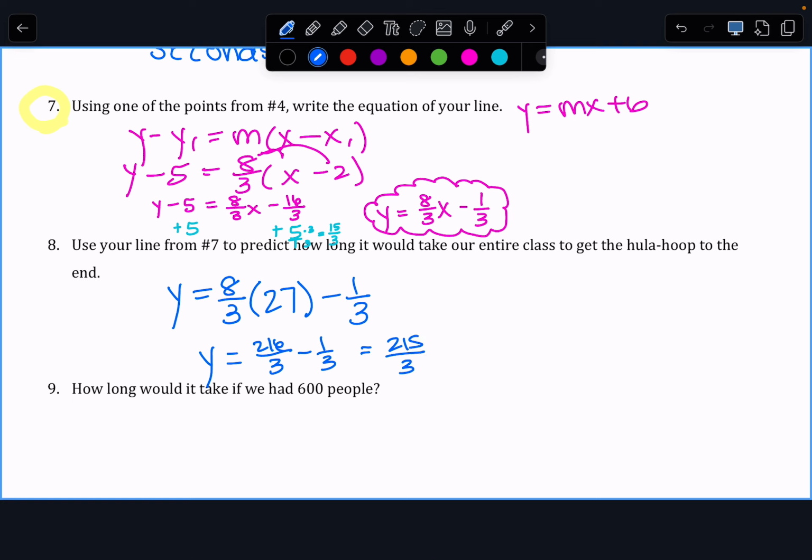So this is just 215. That would be 71.6 repeating. So it would take around 72 seconds to get through our whole class. So like a minute, 12 seconds.